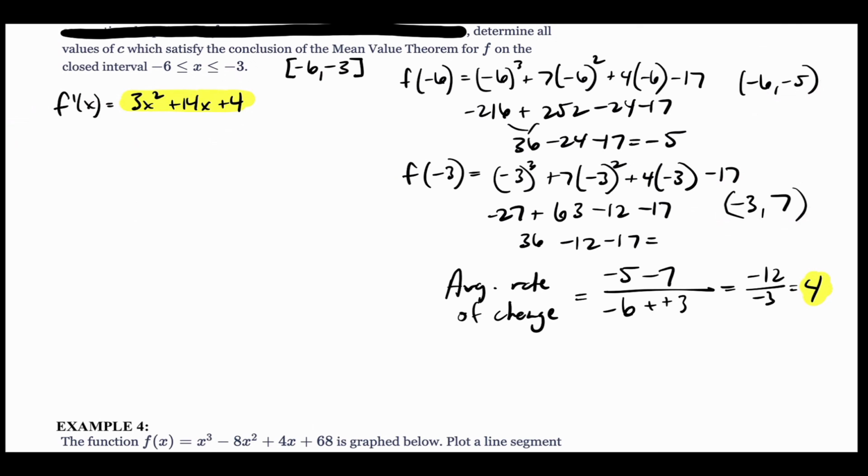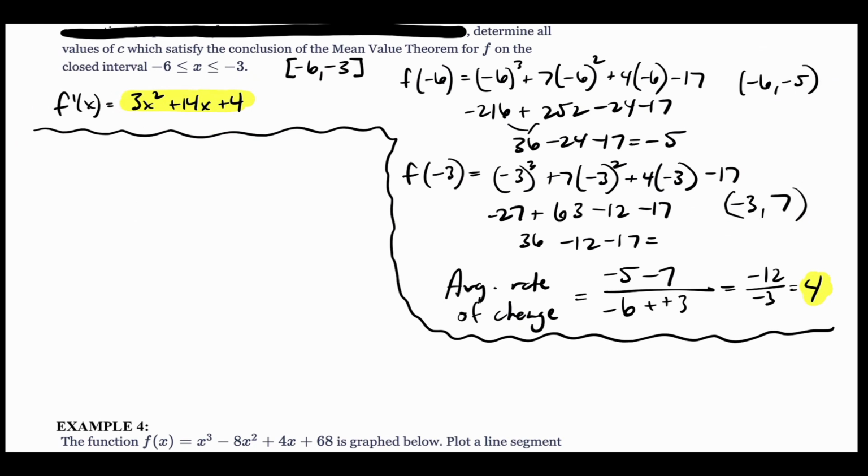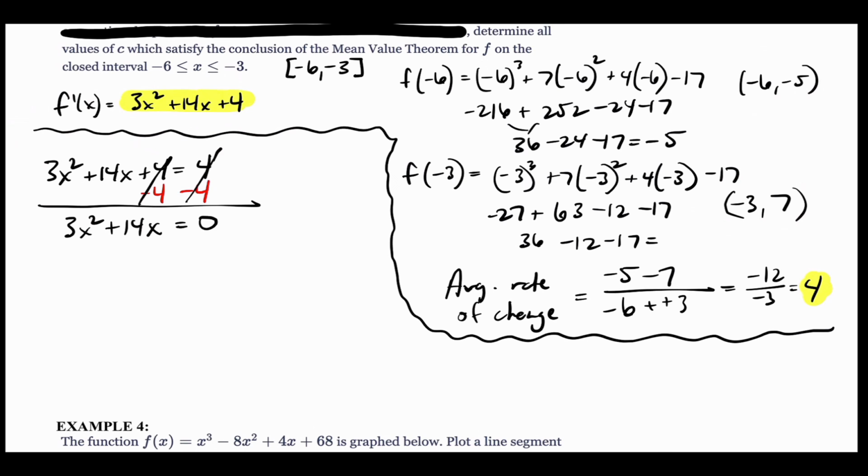Found the average rate of change from negative 6 to negative 3. Found the derivative of f. Set them equal to each other. Subtract 4 from both sides. So I get 3x squared plus 14x equals 0.